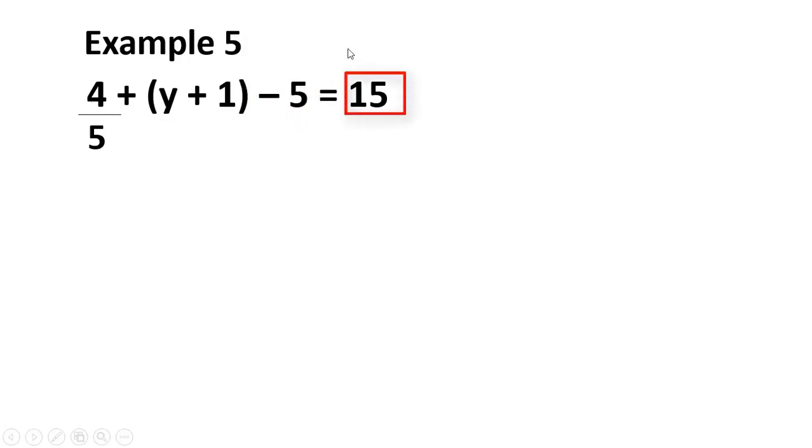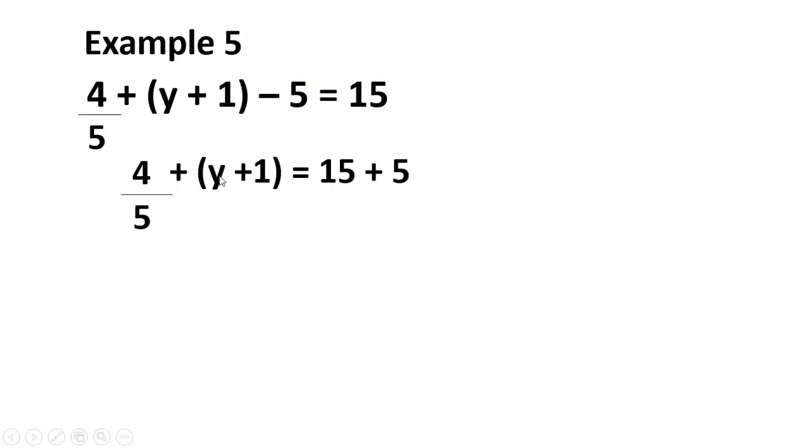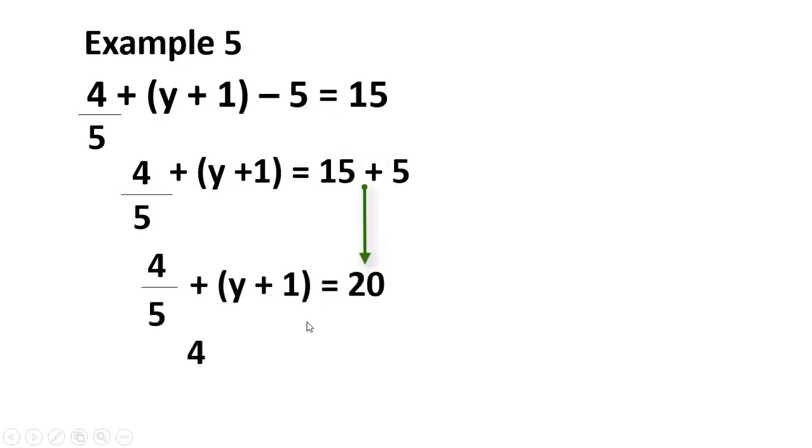We are going to take it to the other side, and when it travels to the other side, the sign changes. Now look, we have 4 over 5 open bracket y plus 1 close bracket equals 15 plus 5, and then you're going to have equals 20.